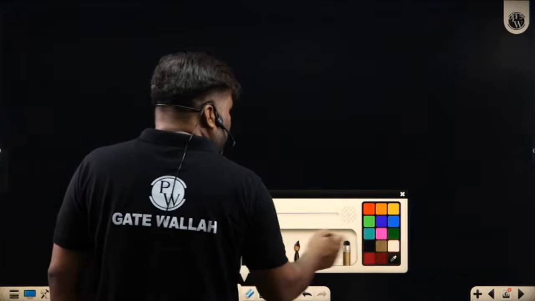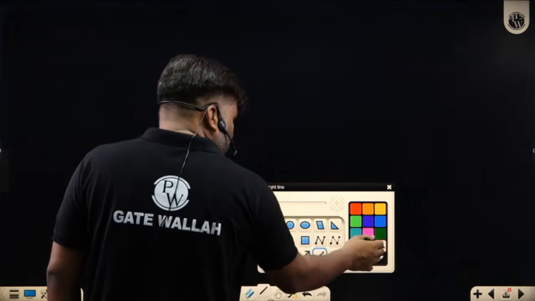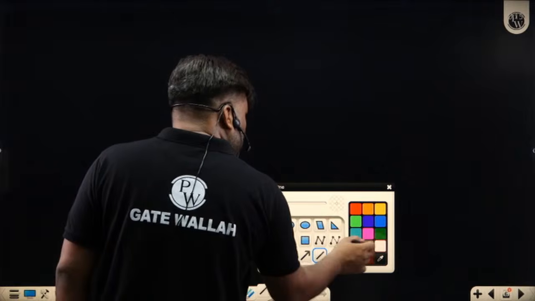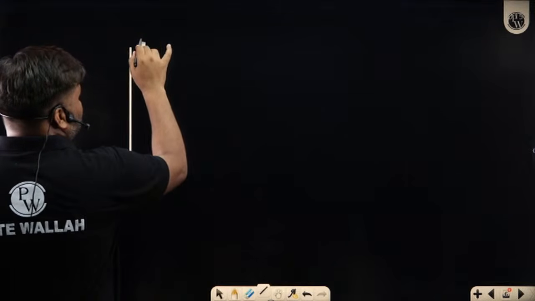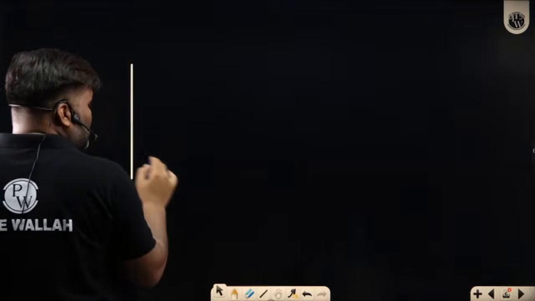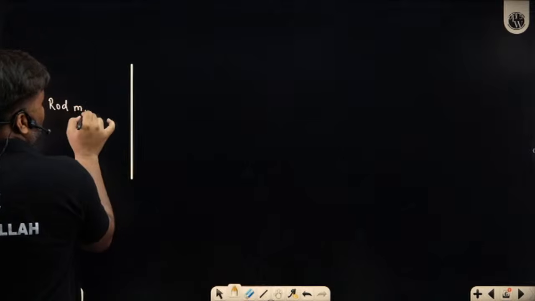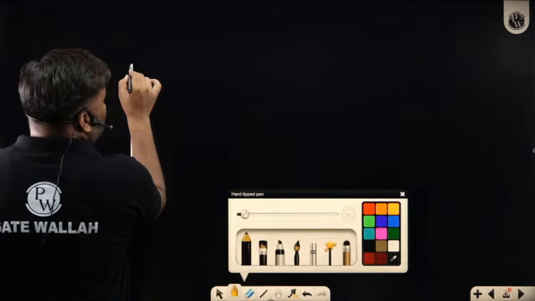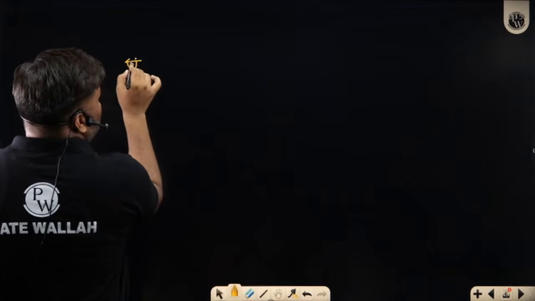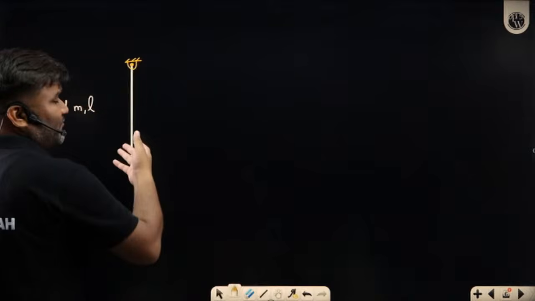But let me first give you another example. Using the torque method, I can also solve this kind of question. Suppose I am having this rod. This is a rod whose mass is m and length is given as L. I have hinged this rod at one end. Yesterday we have solved this question.